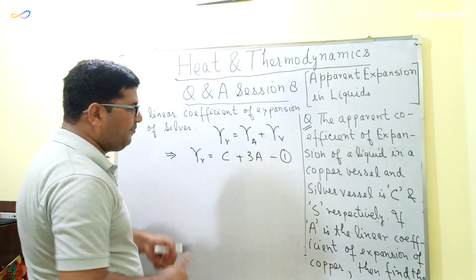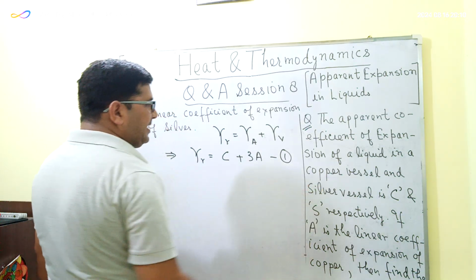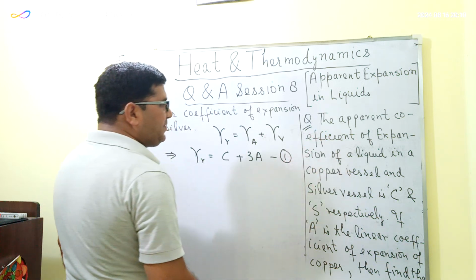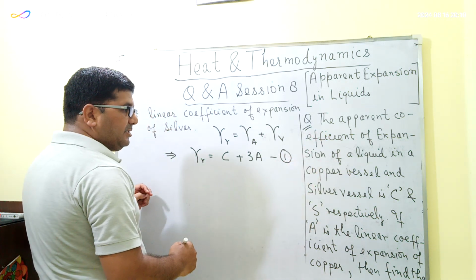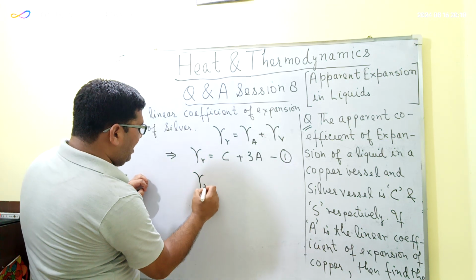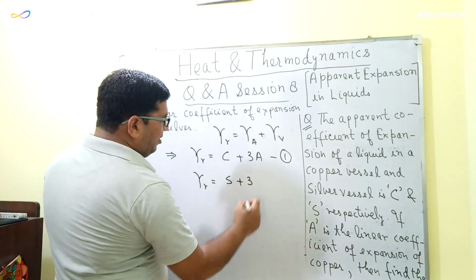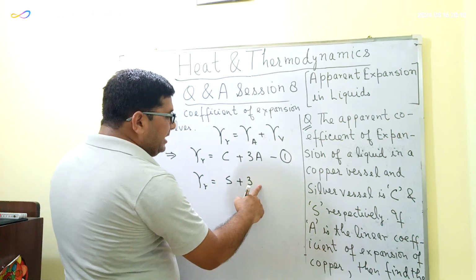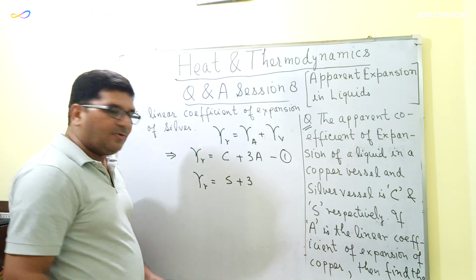Now let's come to the second part of this question, that is the apparent coefficient of expansion of this liquid in the silver vessel is S. So gamma R will be equal to S plus 3 times the linear coefficient of expansion of the silver vessel.